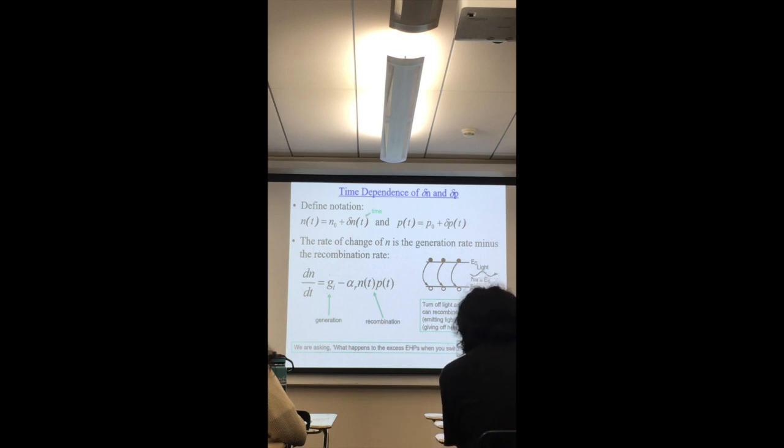For the generation rate, as I showed you before, it's defined as G sub I. For recombination, it's related to a certain constant, and to the actual electron and hole concentration.